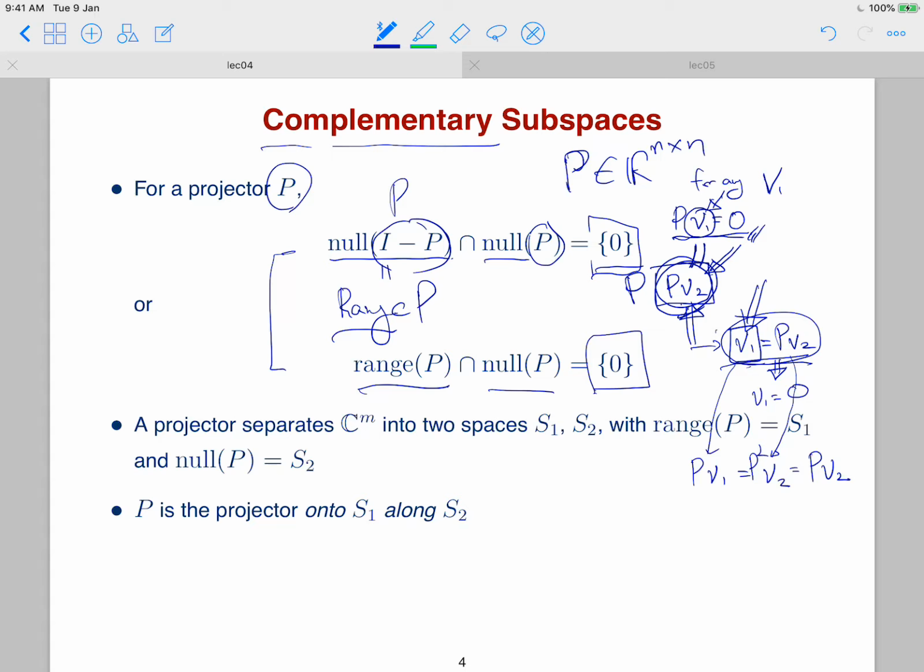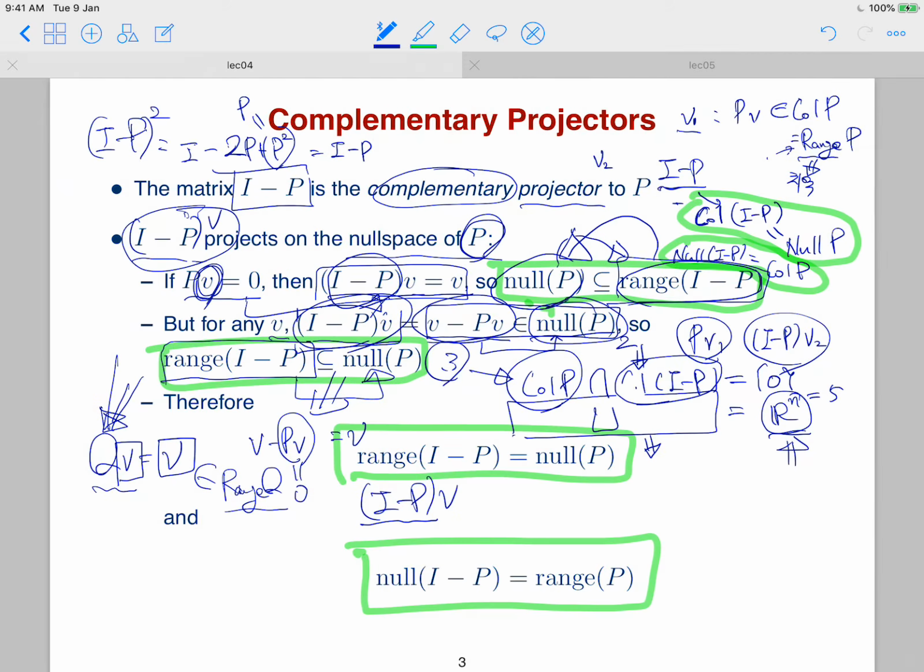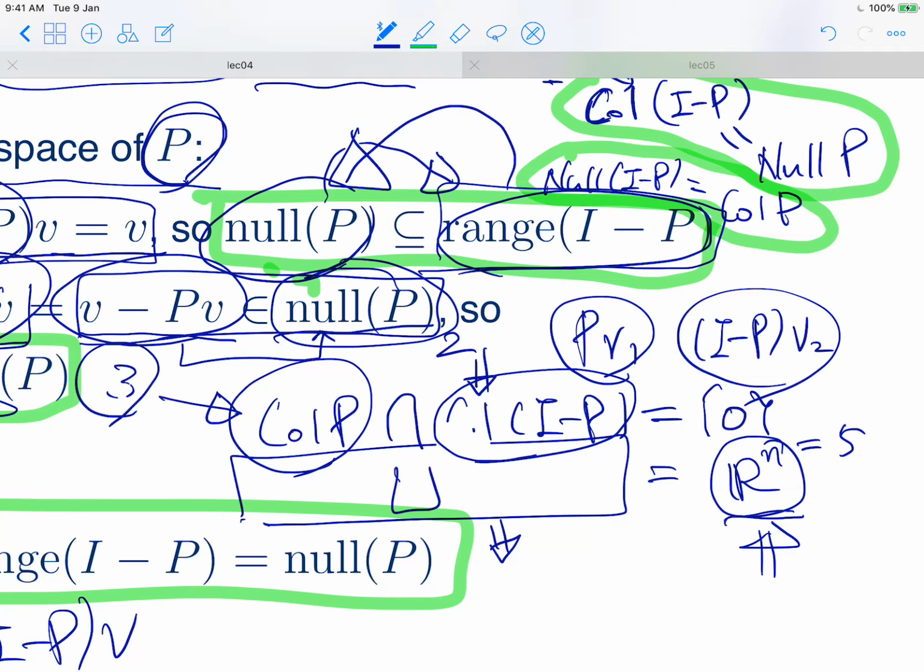And so here, the column space of P and the column space of I minus P, so we consider two different projectors, P and I minus P, and their column spaces have no overlapping element, and also their union is covering the entire space.